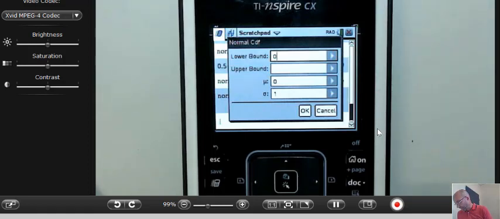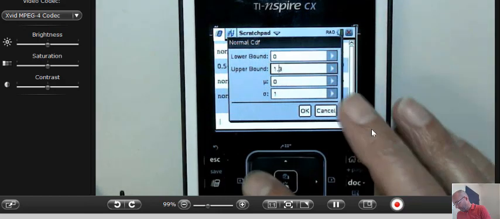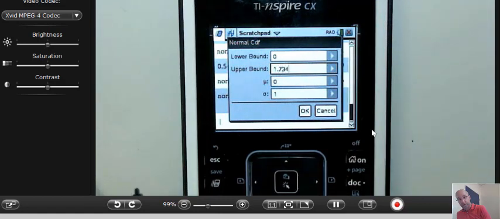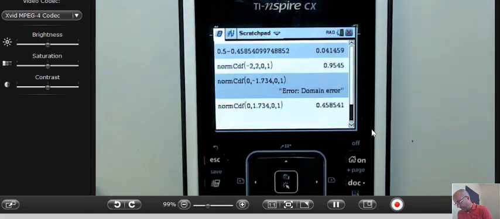So same menu, 5, 5, 2, and then lower boundary 0 and 1.734, whoops, 1.734, and we've got our mu as 0, sigma is 1 for standard normal. And we've got 0.4585. So we'll round that to 4 decimal places, 0.4585.